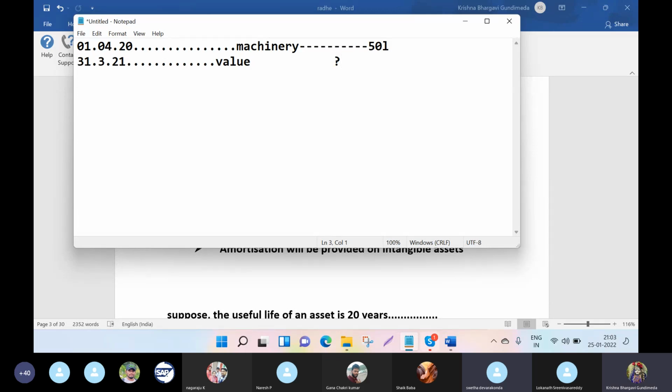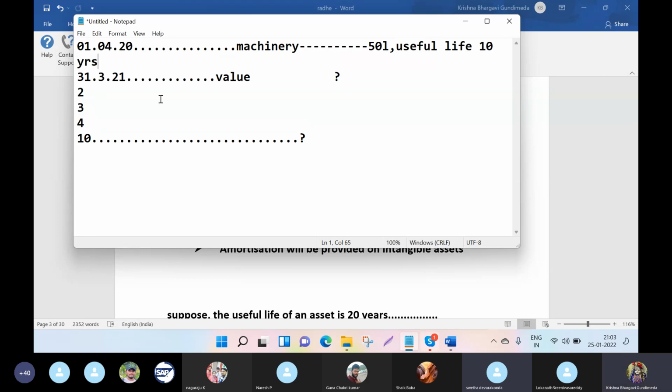What will be the value in the second year, the third year, the fourth year? Suppose the useful life is 10 years. At the end of the 10 years, what will be the value of the asset? Here the value of the asset is 50 lakhs, purchased on 1/4/20, and the useful life is 10 years.